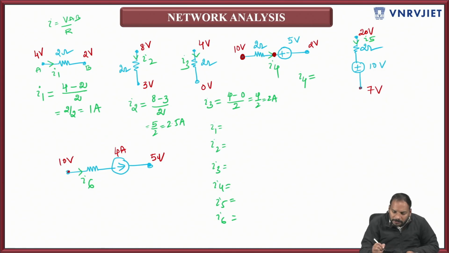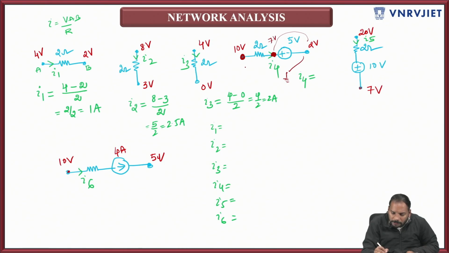So what is the descent voltage? Is it 5? No. The descent voltage always needs to be considered with respect to ground. So from here to here you have a 5 drop, and then from here to here a 2 drop. That means the potential at this point is now 7 volts.